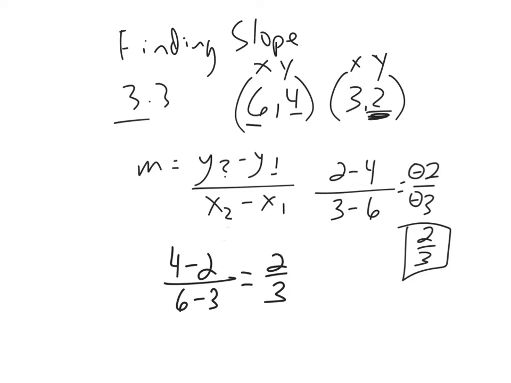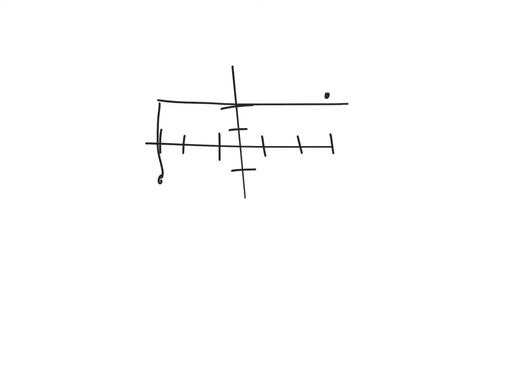If you had a graph, we'd have something like this here. Let's say we had these 2 points, and then when we were graphing lines, we had a stair step, and we went how much up and how much over. So we could just count this. So it'd be 1, 2, 3 up, and 1, 2, 3, 4, 5, 6 over.